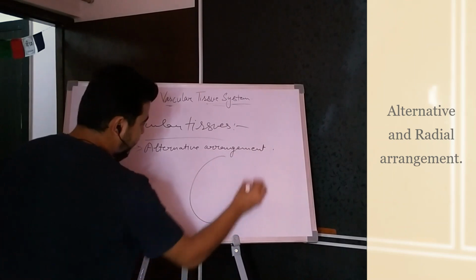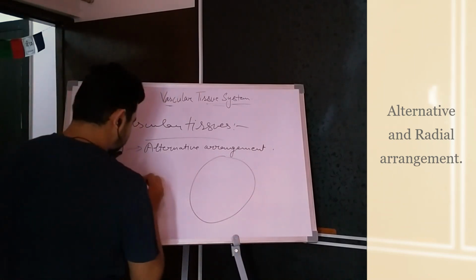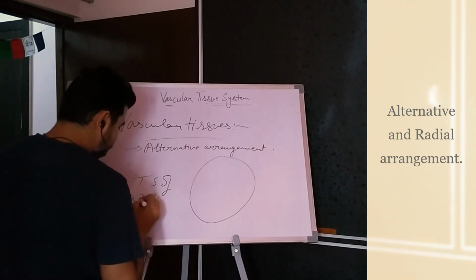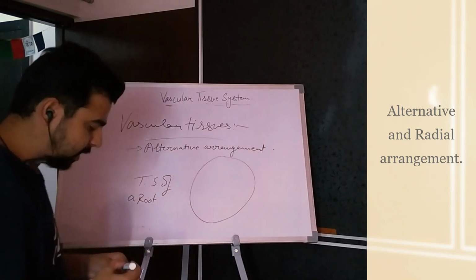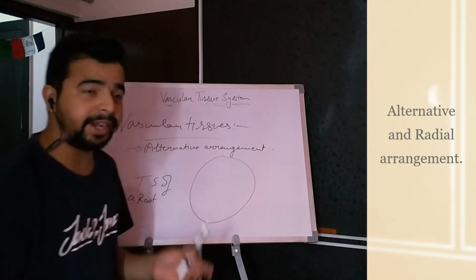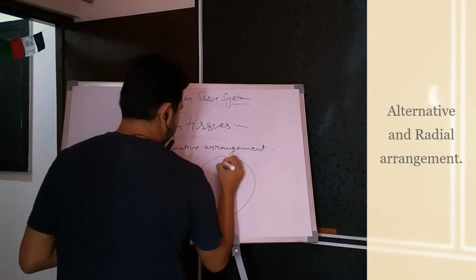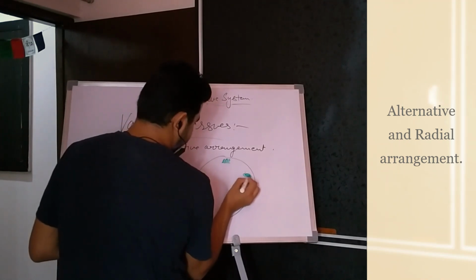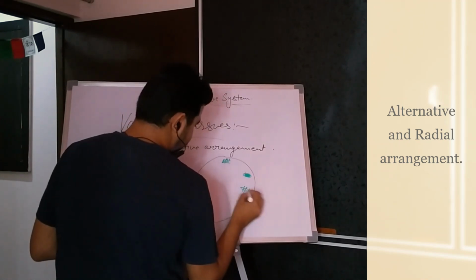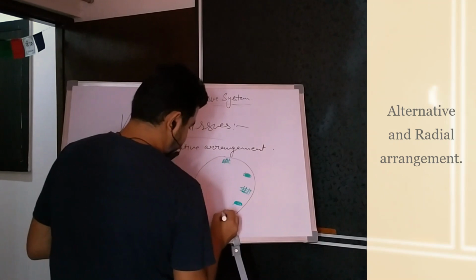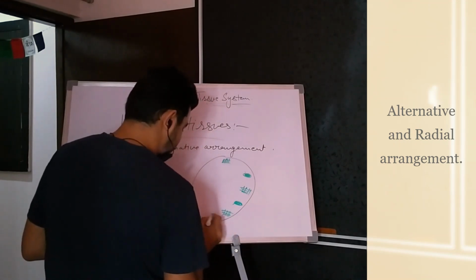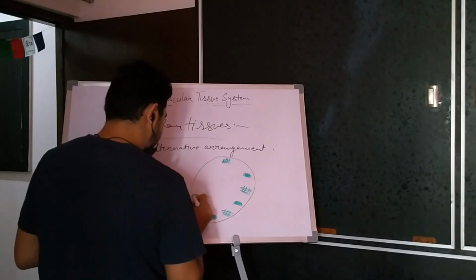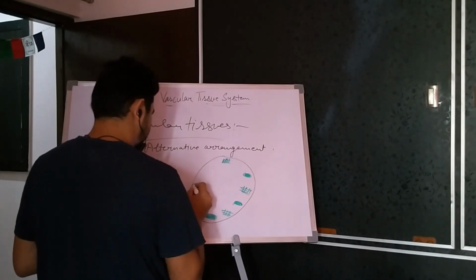Suppose we take a transverse section of a root, what we will see is that xylem and phloem are arranged in an alternative manner. Suppose here is the xylem, here is the phloem, here is the xylem, here is the phloem. This is xylem, this is phloem. So what we can observe here is that there is an alternative arrangement for xylem and phloem.